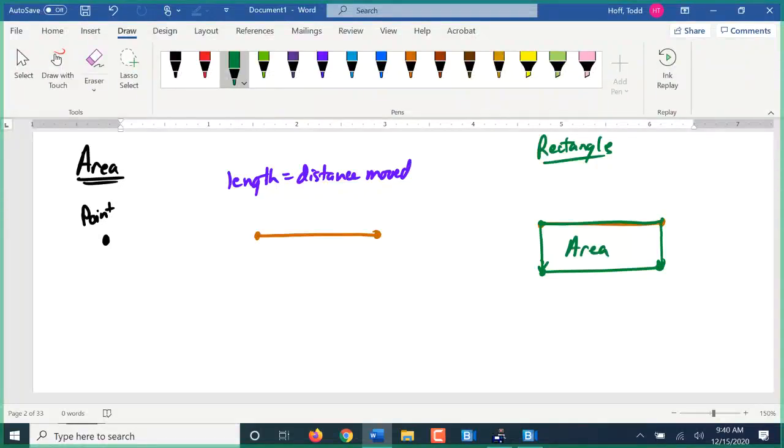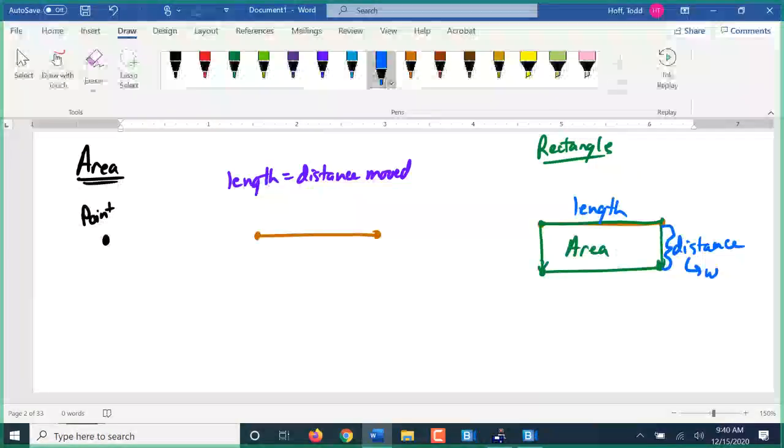The amount of area that it covers depends on the length of that original line segment. And once again, the distance moved. That distance is typically referred to as a width. So the area of a rectangle, make this legible.